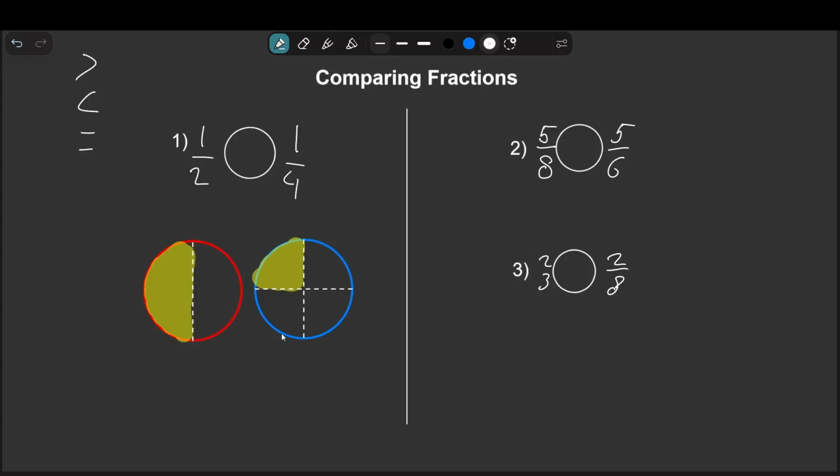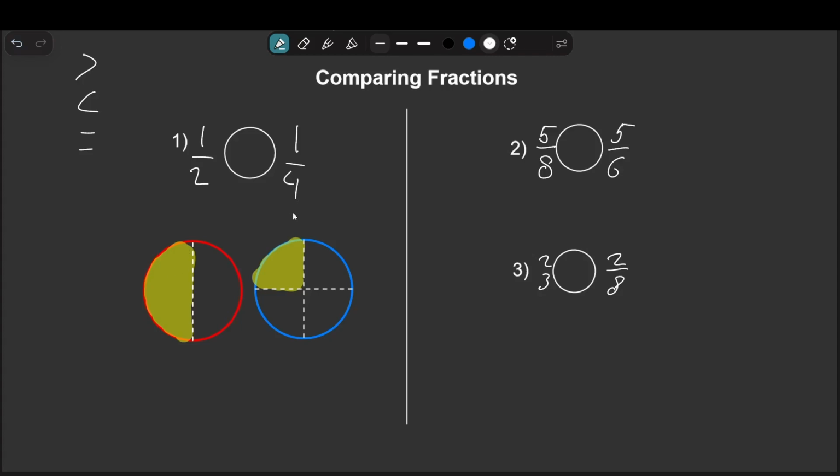This one is 1/4 because it is cut into four equal pieces. So the number of the denominator equals the number of parts the circle is equally cut into.